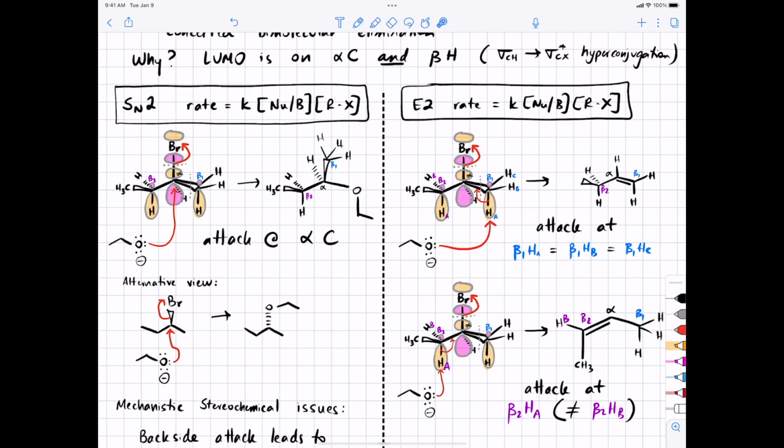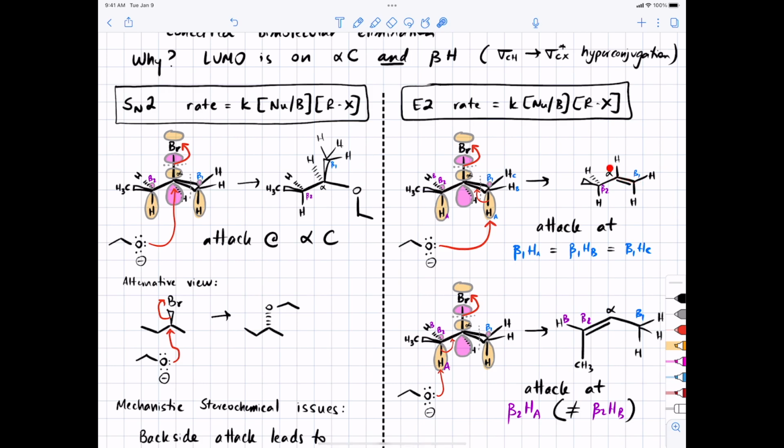Then the leaving group leaves, all in the same step, and we form this alkene or olefin product. Both of those terms are interchangeable. Olefin is a term derived from the petroleum industry for molecules with double bonds. I'll use alkene and olefin interchangeably.